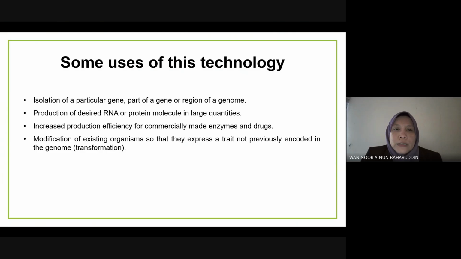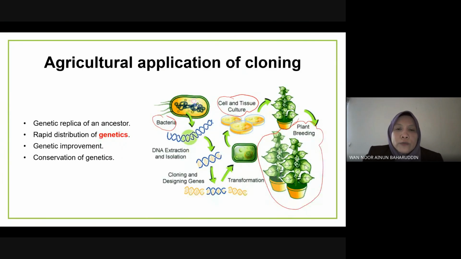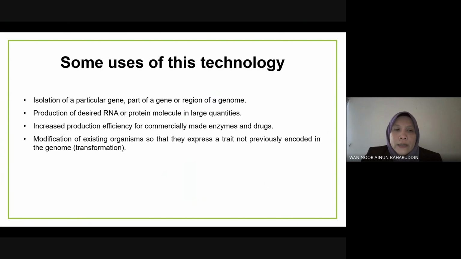Okay, so this is the technology that isolates a particular gene. The particular gene is isolated from the target organism, and the gene itself gives genetic information that will be produced from RNA and protein molecules.